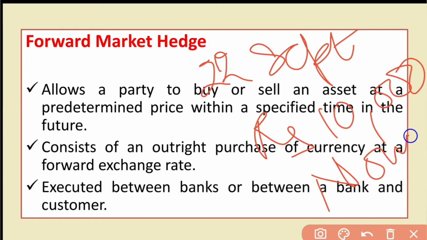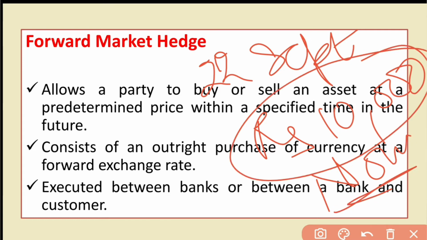So what do I do? I fix this rupee amount. I say I will pay you 10,000 only, but after 2 months this 10,000 might increase or decrease in future. The foreign currencies keep on fluctuating.